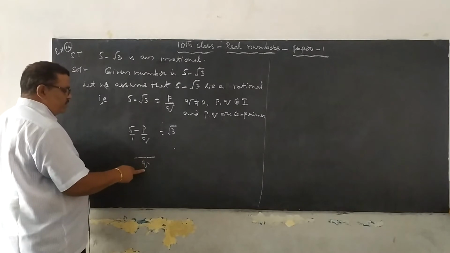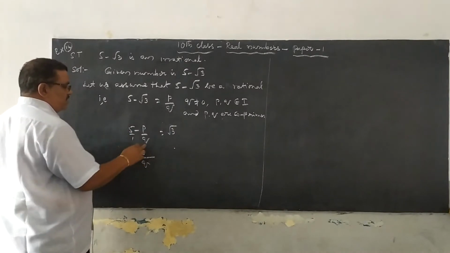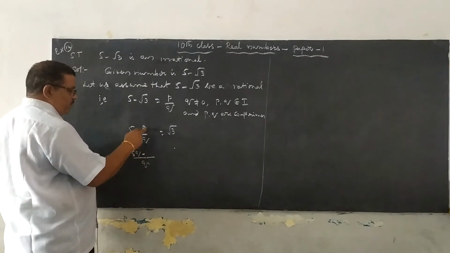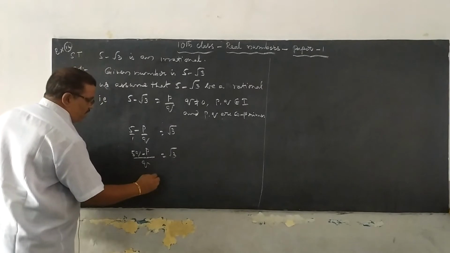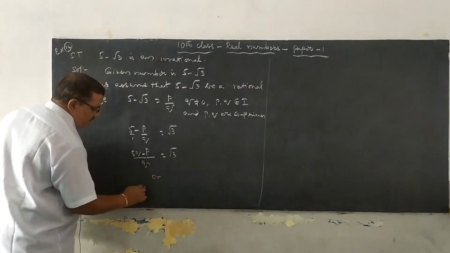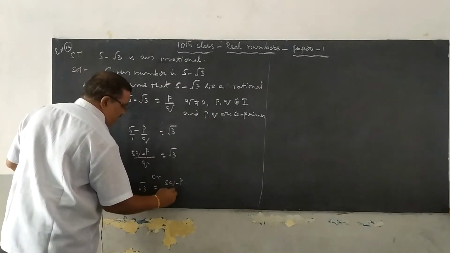You get root 3 is equal to 5q minus p by q.